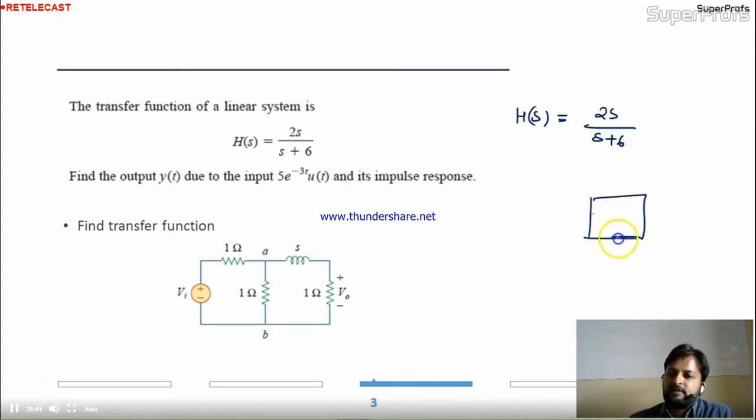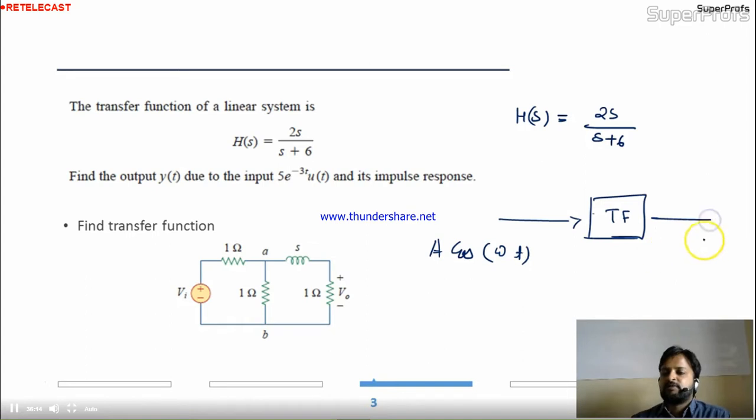They were saying this is the system. Into this system we are providing input A cos omega t, like this. What will be the output? What will be the output?